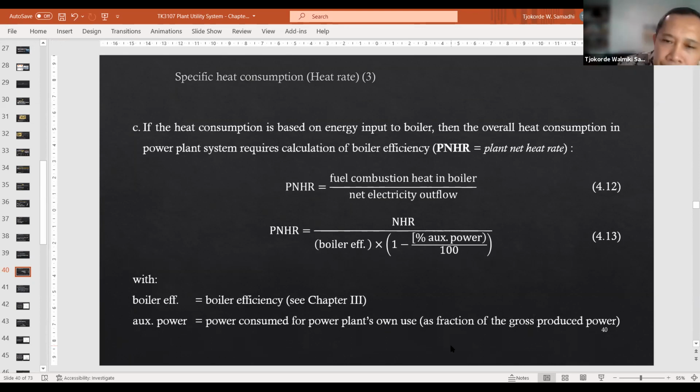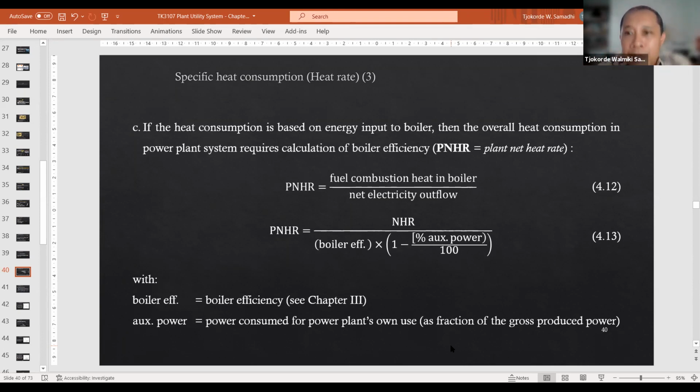Yeah. Again, gross produced power is measured at the output of the electric generator. Ya, jadi gross produced power ini diukurnya di titik pengeluaran listrik dari generator. Ingat ya, boiler menghasilkan steam, the steam drives the turbine drives the generator, and the generator generates electric power.